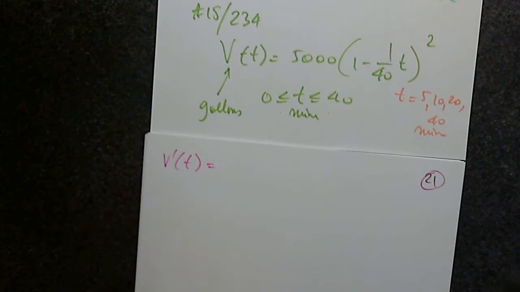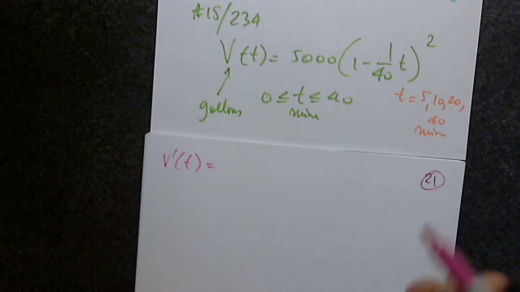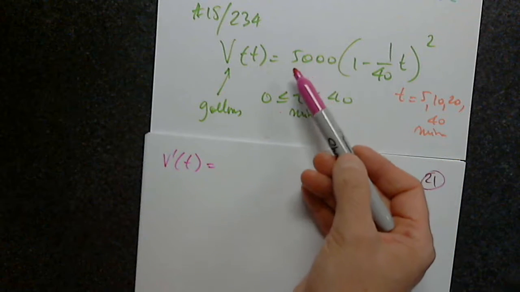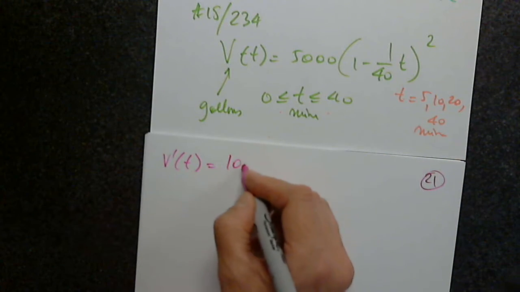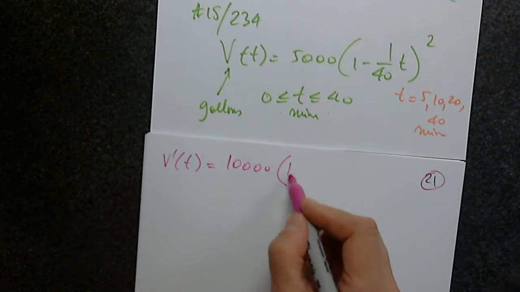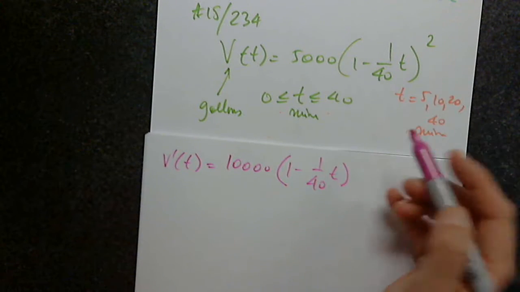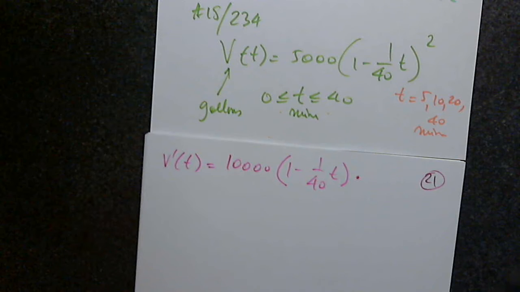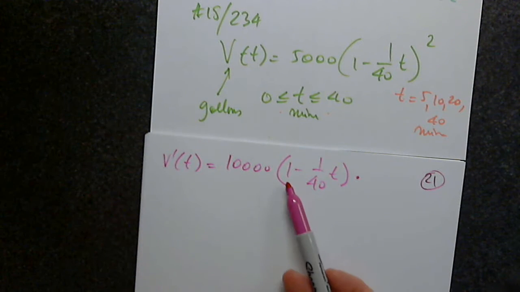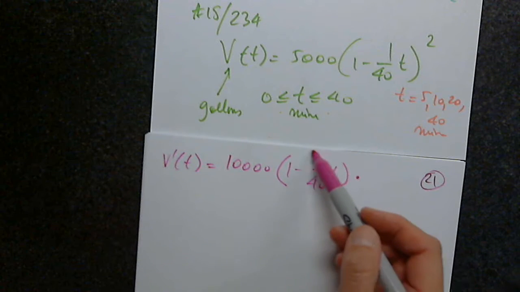So be very careful. This is the chain rule. We have to bring the power down and multiply by 5,000. Subtract 1 from the power, but 2 minus 1 is 1, and multiply by the inner function's derivative. But the derivative of 1 is 0, so then I have to differentiate this.